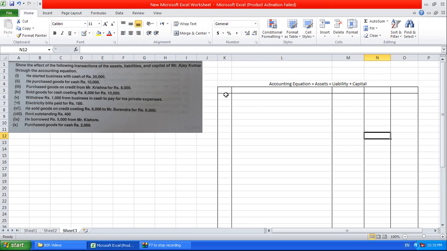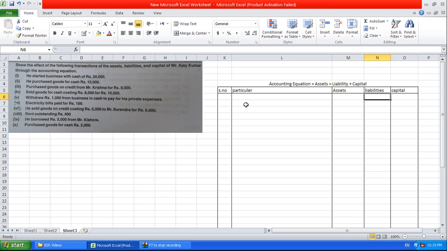What we have to do: first, the serial number, since we have 10 entries. Let's see how. Under particulars, here assets, here liabilities, here capital.